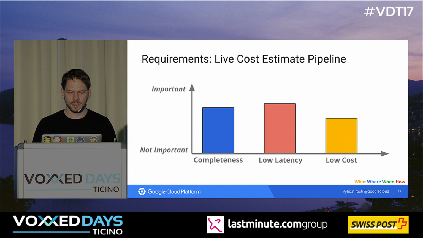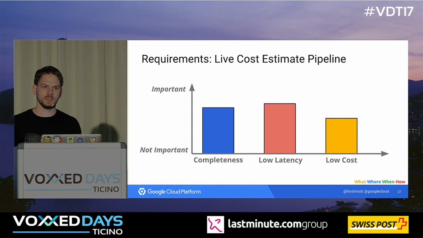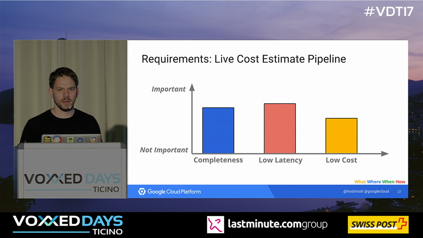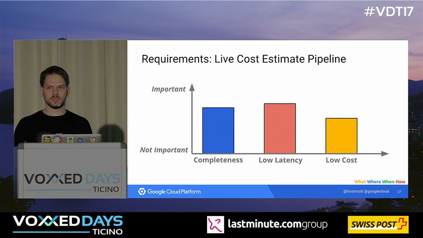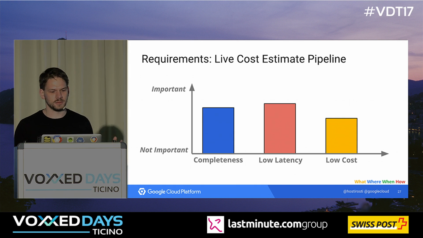Now, what is nice for user experience, for instance, is if your users see what trajectory they are on in terms of the cost that they are incurring. Now, that is something where you want to have an estimate. The accuracy is not super important. It still should be in the ballpark of where they end up. You shouldn't have a trajectory of 100 euros, or Swiss francs, and then end up with 1,000 at the end of the month.